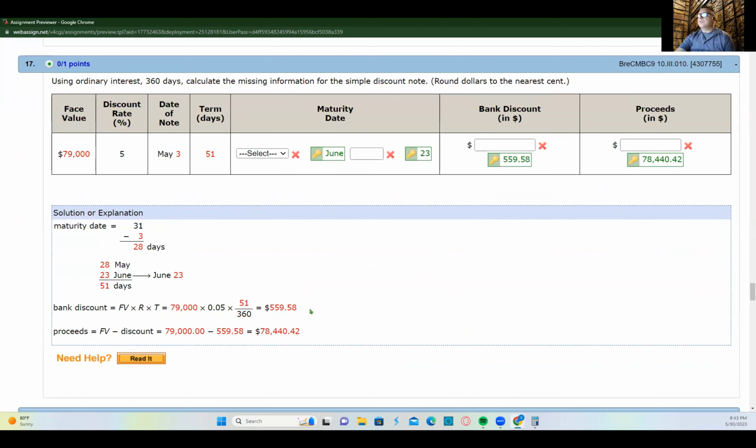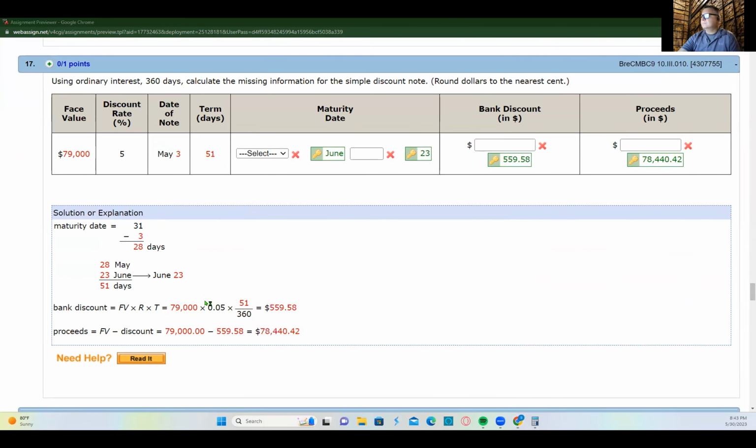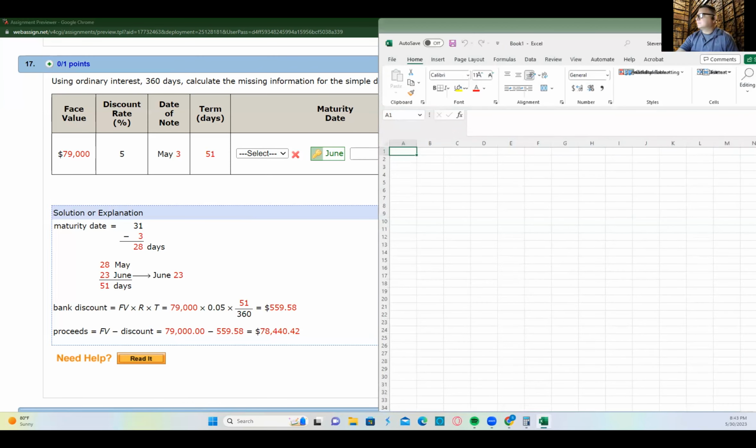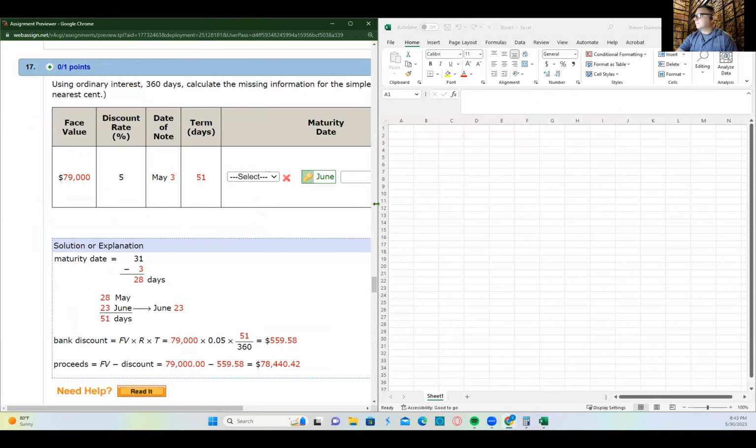Now, the cool thing about these maturity dates, and I'm going to show this real quick, this may or may not help you, is that Excel does a cool thing here.